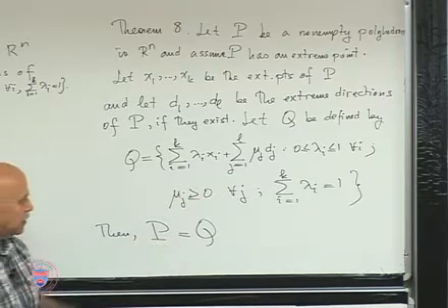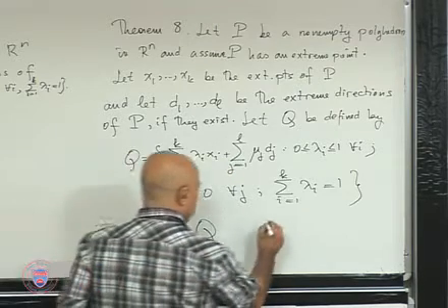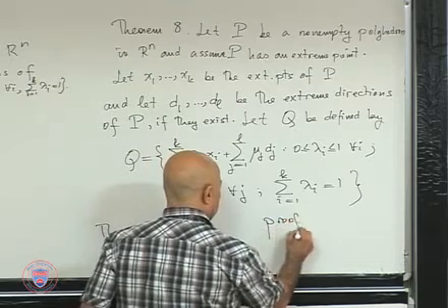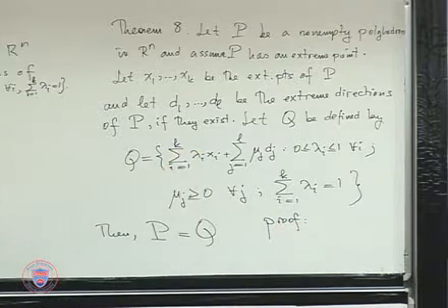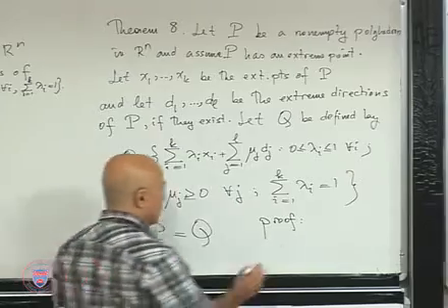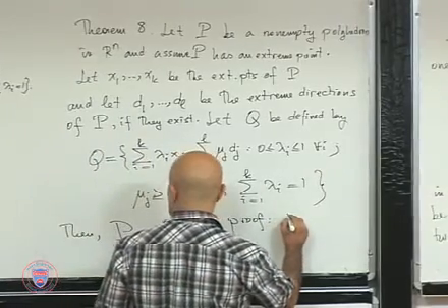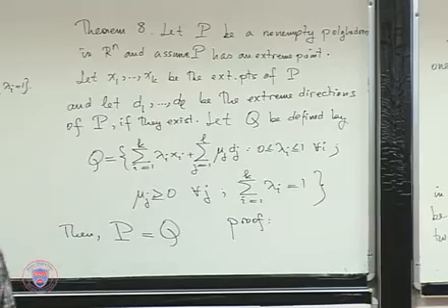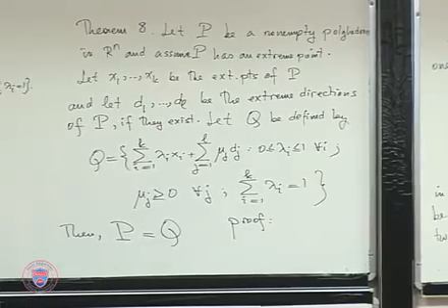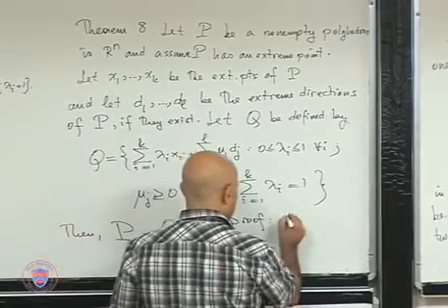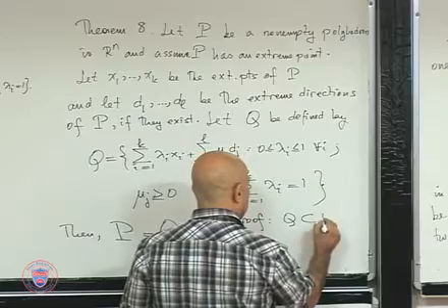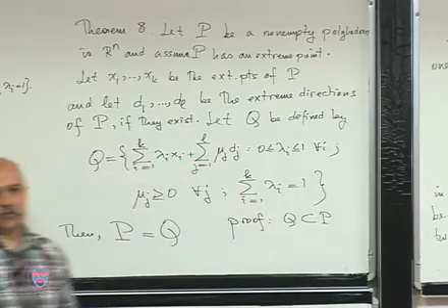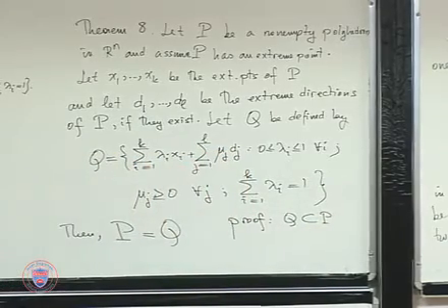All right, so this is the claim. The proof, I'm going to omit the proof, but which part is trivial in your judgment? Q subset of P. Yes. Q subset of P is trivial. Why is that trivial?